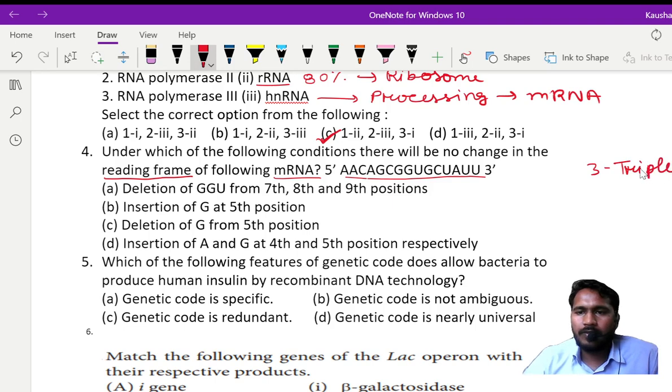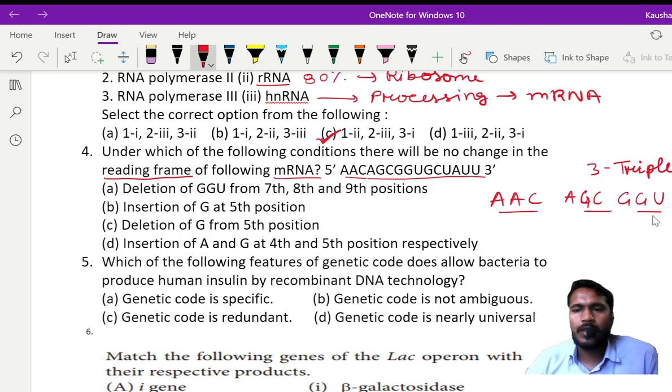So if you want to read this, you will read like AAC, then AGC, and then GGU. Like that, you will read this complete reading frame in triplets.